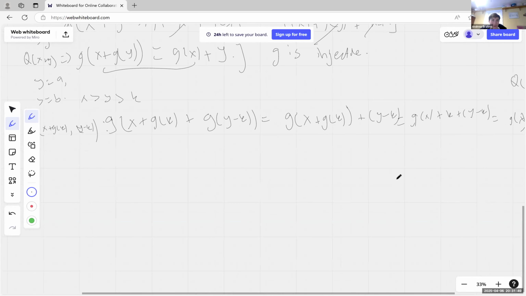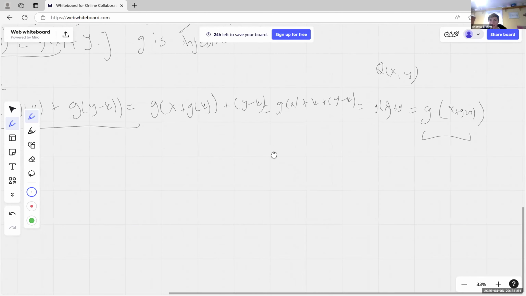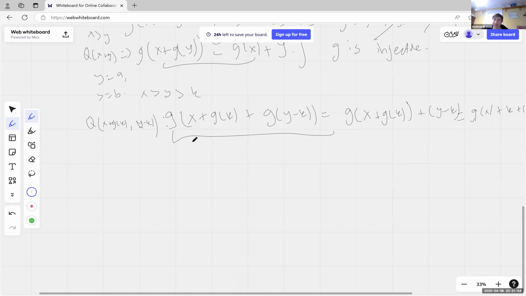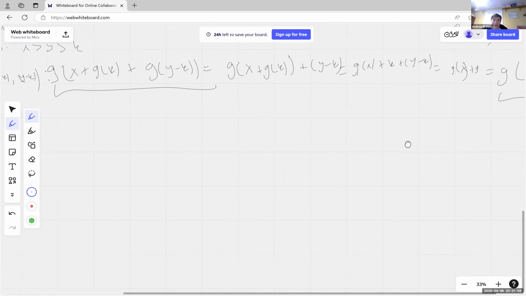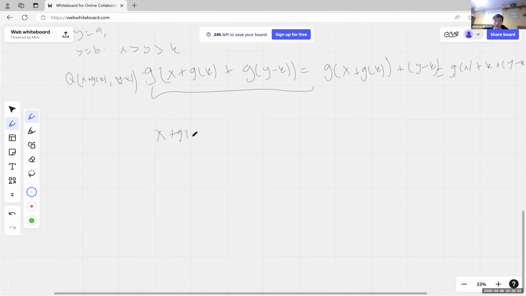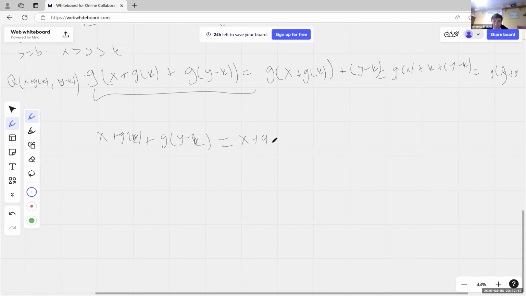So we have two g statements on either side of this, right? And so because of injectivity, this g statement has to be equal to this g statement. And that gives us x plus g of k plus g of y minus k is equal to x plus g of y. And so again, we get g of k plus g of y minus k is equal to g of y. And that gives us additivity. And so g of x has to satisfy Cauchy's functional equation.